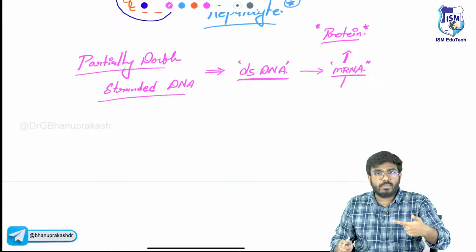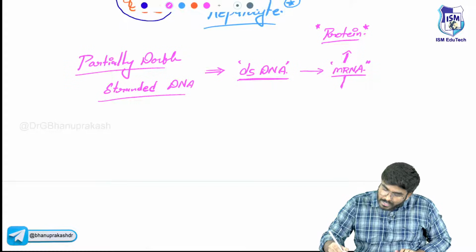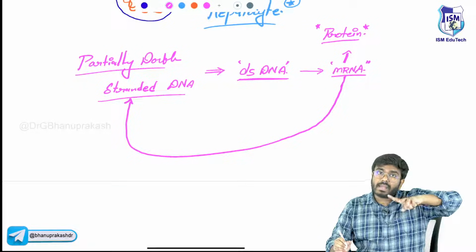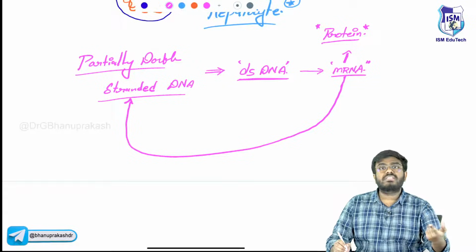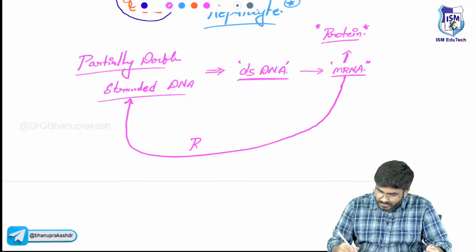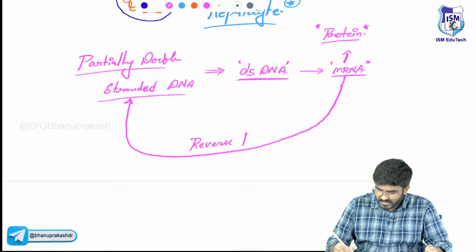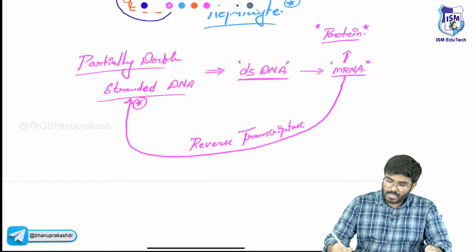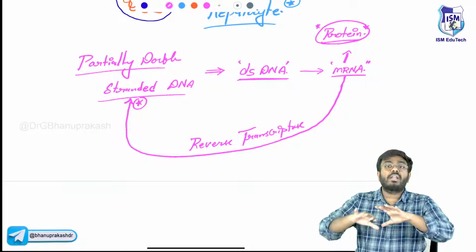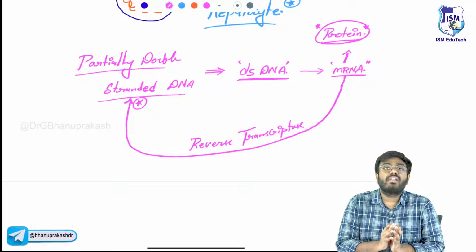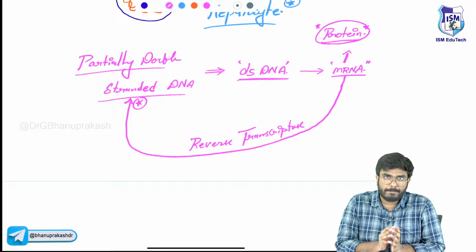So from the mRNA, you again synthesize the partially double-stranded DNA by using the enzyme reverse transcriptase. So the nuclear material is generated again and new viral proteins are generated. So a new virion, a new virus, is developed within our hepatocyte.